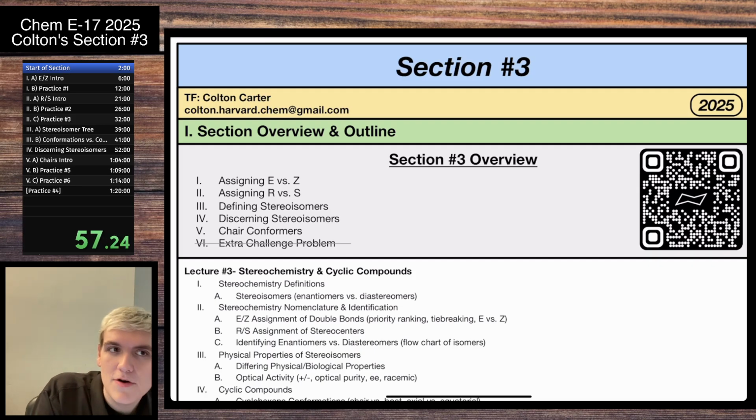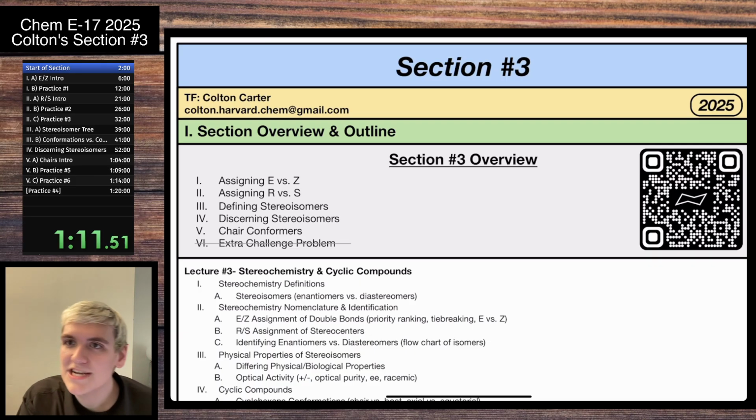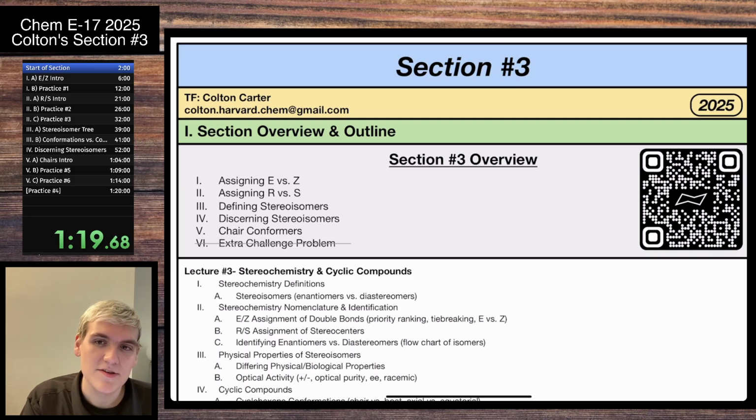Then we'll talk about all the definitions and vocab that we have with different stereoisomers. And then we'll go into this section that's called discerning stereoisomers. I'll talk more about it then, but we don't have any actual section problems on it, and I think it's the hardest thing from this lecture. So we'll talk a little bit about that. And then we'll end off with chair conformers. So that's our game plan.